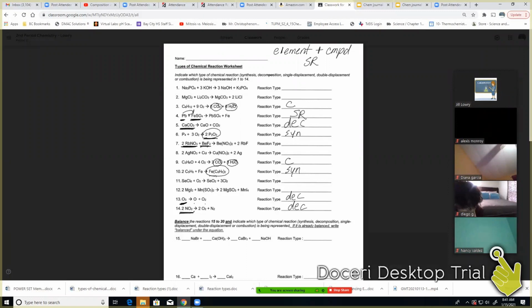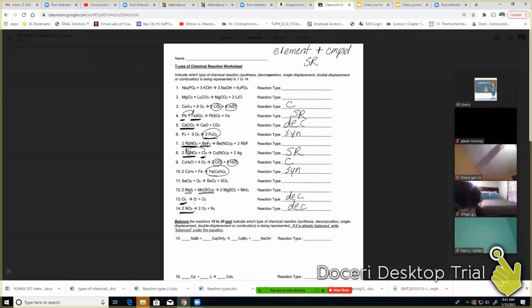Number 12 isn't, and I'll talk about it in just a minute, but let's look at number 8. There's my compound, silver nitrate. There's my single element by itself. It comes and kicks it out. So this is a single replacement. If we look at number 12, MgI is a compound and MnSO3 is also a compound. So those are 2 compounds, so that's not single replacement.